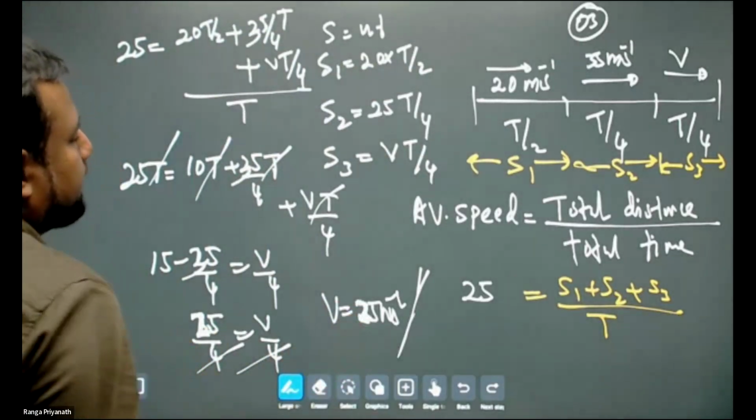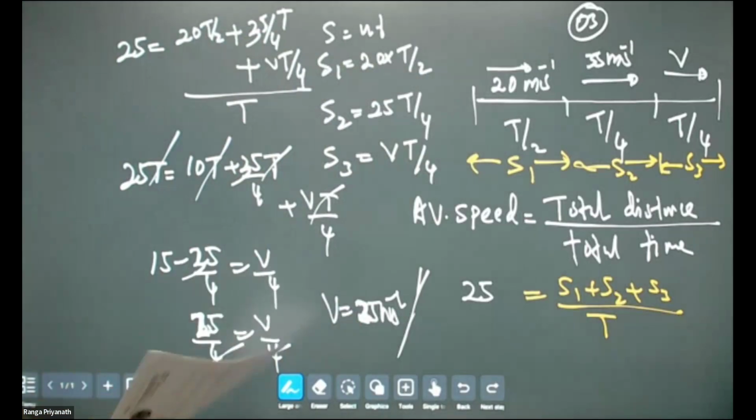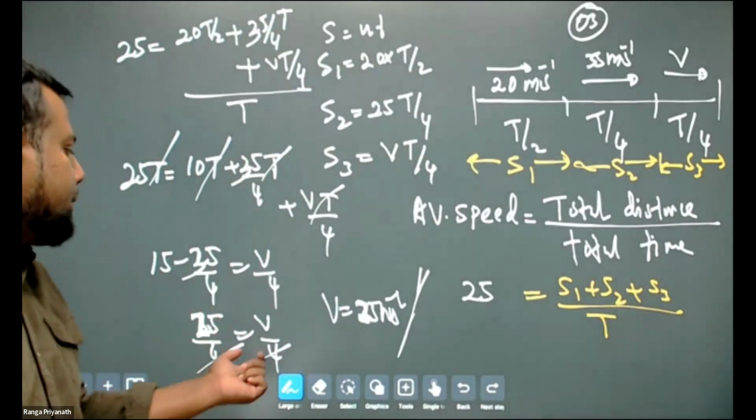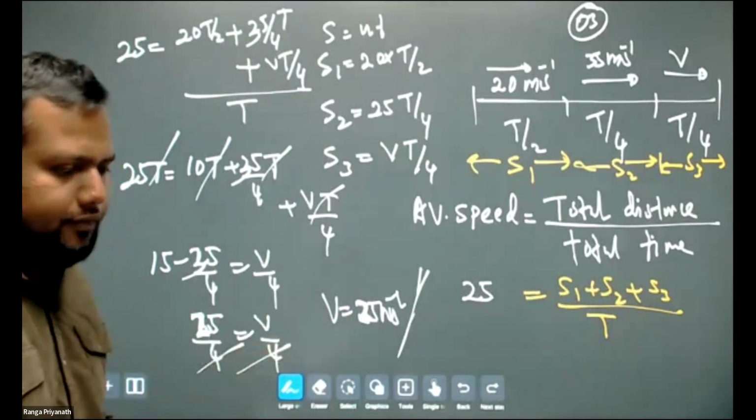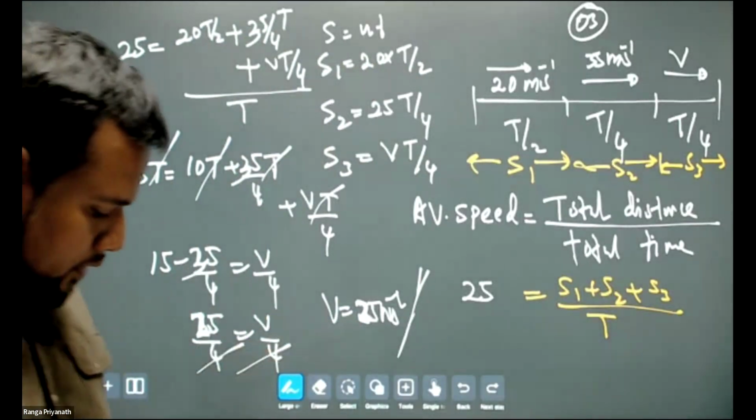Sorry about that. This is a small correction we have to do: 25 by 4, v by 4, that means v equals 25.